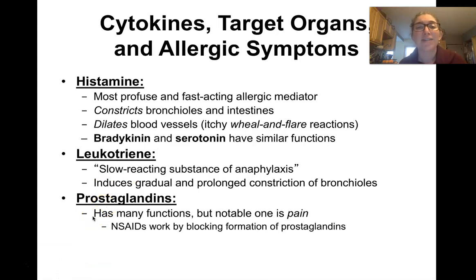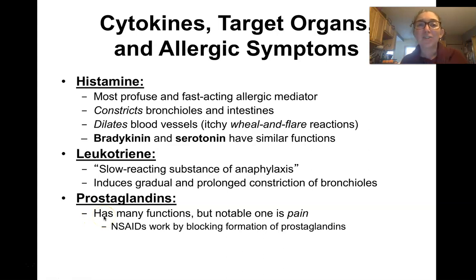One of the notable things that prostaglandins cause is pain, the molecules that stimulate pain receptors. And so another thing that we take sometimes for allergies are NSAIDs, non-steroidal anti-inflammatory drugs, because they typically block the formation of prostaglandins.